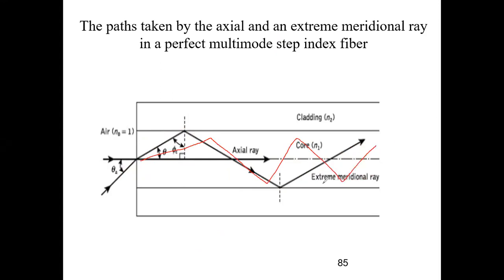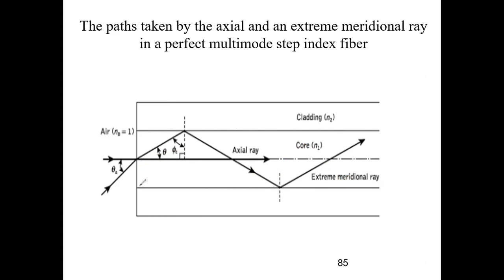I am considering the extreme meridional ray and the axial ray. The extreme meridional ray will take the longest path, and the axial ray will take the shortest path, and that's the difference we will find out: how much time the axial ray takes to reach the fiber end, and how much time the extreme meridional ray, which covers a longer path length, takes to reach the output.